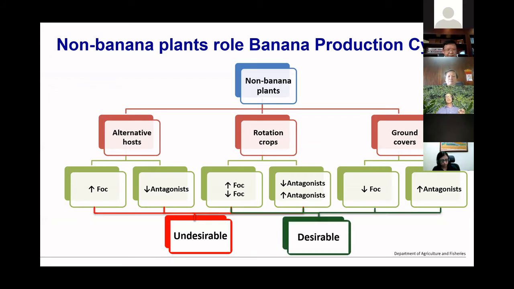Or non-banana plants can be grown as rotation crops and ground covers to reduce FOC and increase the antagonistic organisms, making them desirable. The task is determining which plants fit into the different categories, which is something we have started doing for the Australian banana industry.